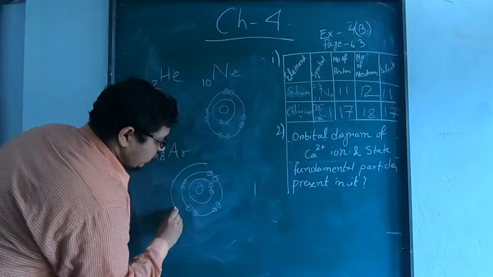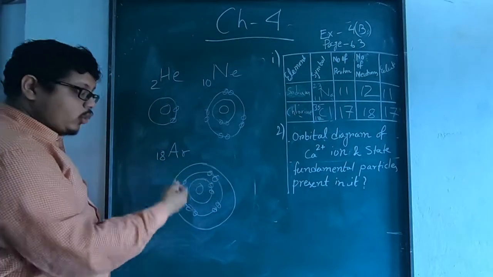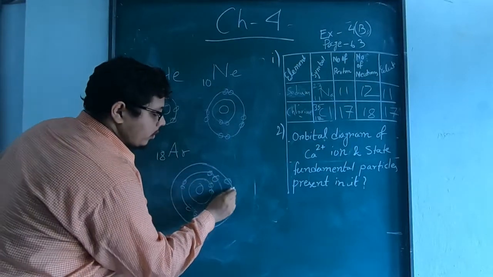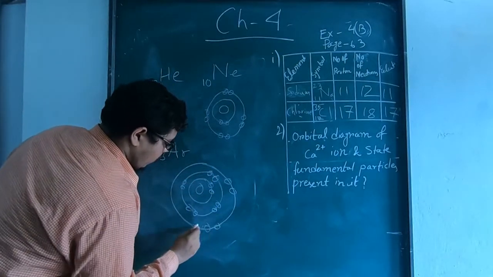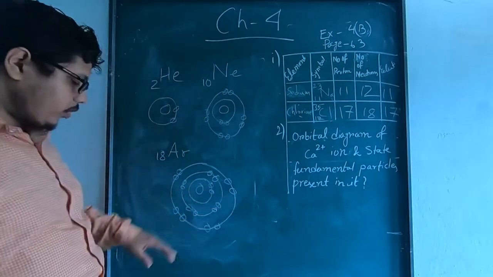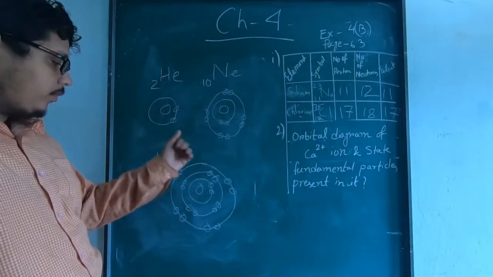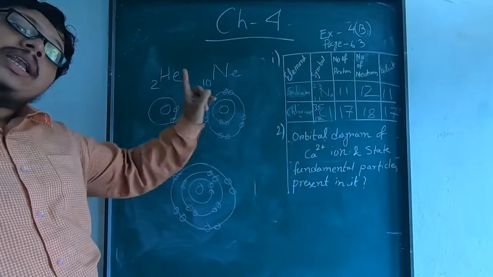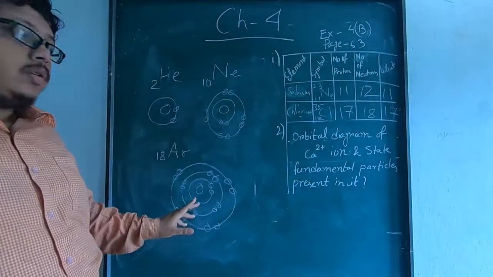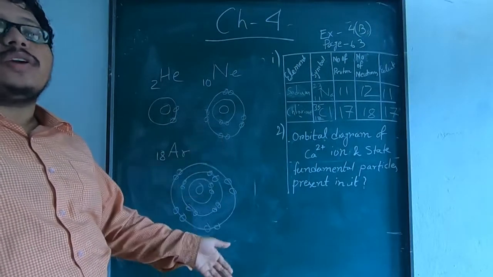So the last shell will have how many? 10 gone out of 18, 8 more. So this 8 here, that means what? We cannot give more than 8 in the last shell. We have discussed already. This is also a completely filled outermost shell, stable electronic configuration.